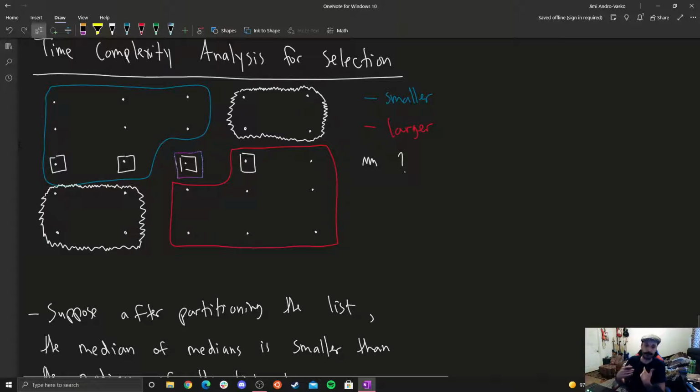Likewise, if we partition this list and the median of medians, this highlighted median element, is actually larger than the potential median of the list, then we know for sure the blue elements will definitely appear on the left side, and on the right side will appear these elements.